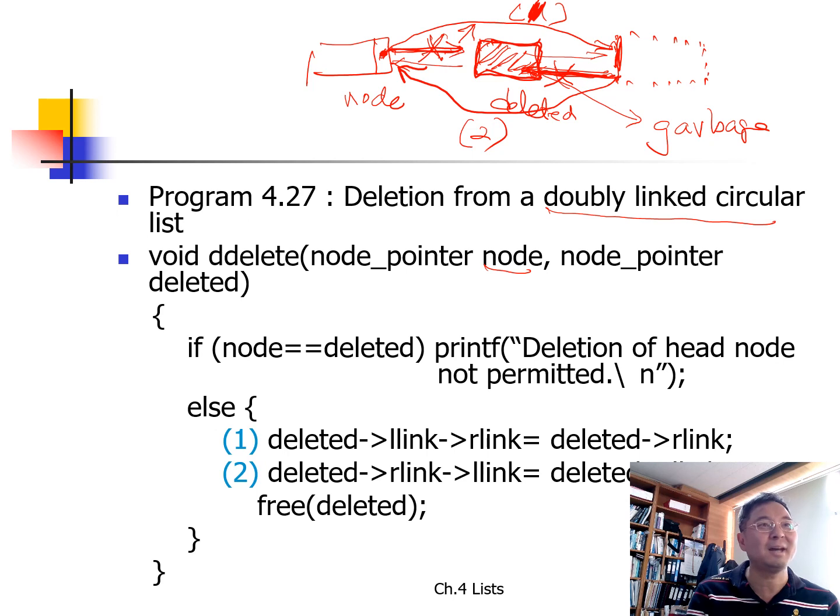So that means that there is no way to access this memory address. Okay, this becomes open or garbage. So we must return this memory address to the operating system using these free operations. Okay, yes, it's simple.